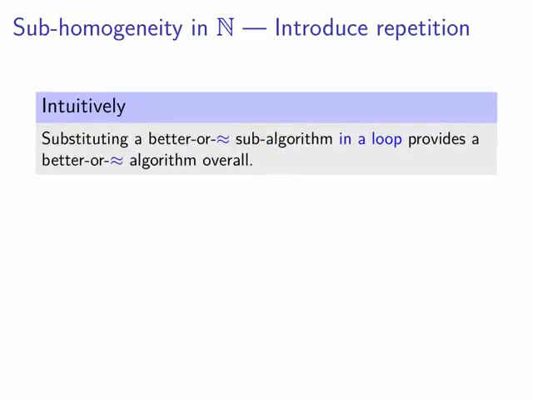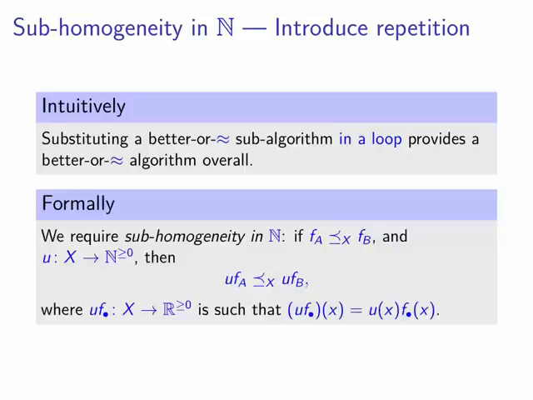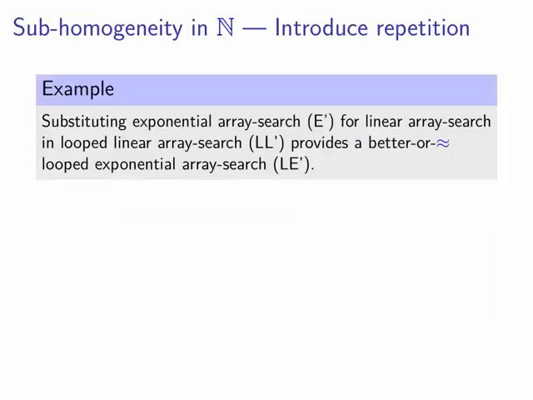Intuitively, subhomogeneity in N says that if we substitute a better or equivalent sub-algorithm in a loop, then we get a better or equivalent algorithm overall. For example, if we substitute exponential array search for linear array search in looped linear array search, then we get a better or equivalent looped exponential array search.